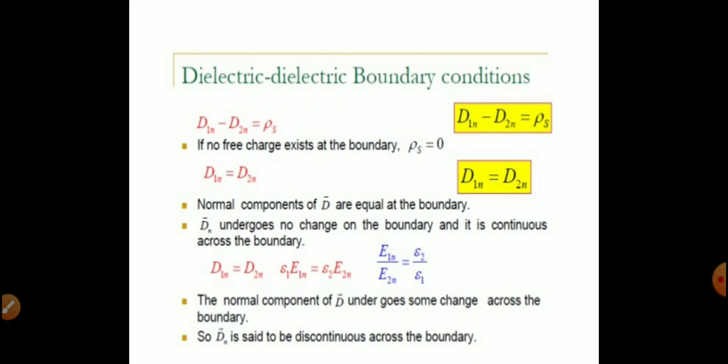In the dielectric case, consider two dielectric media having permittivity E1 and permittivity E2.